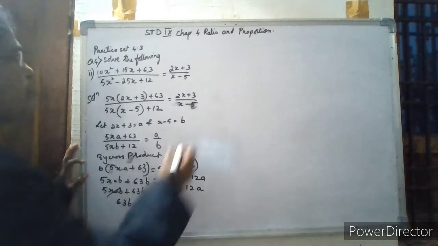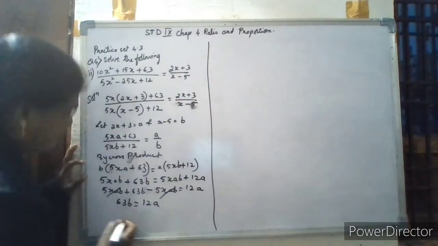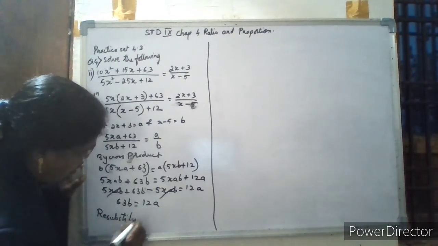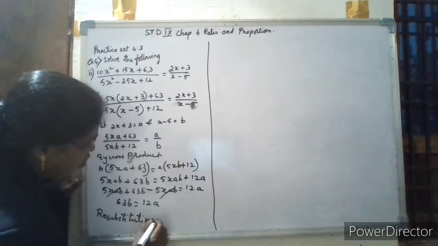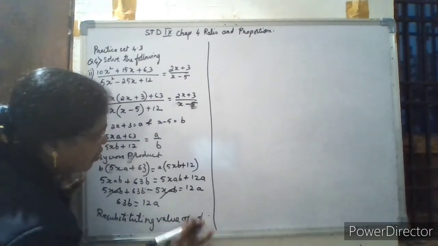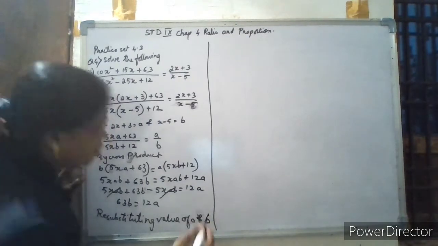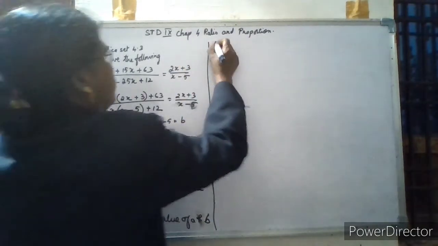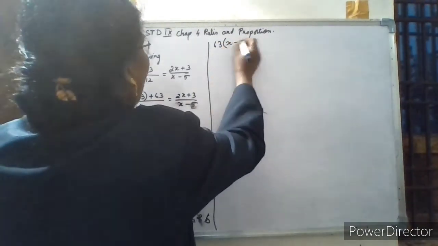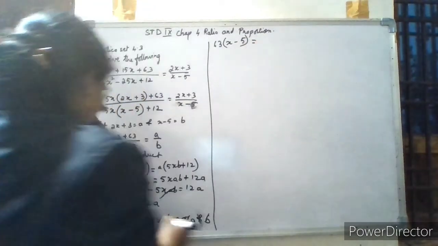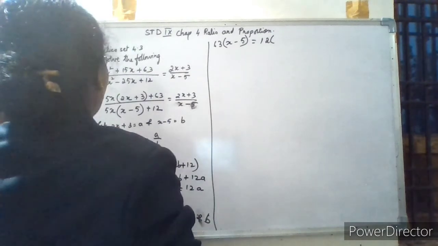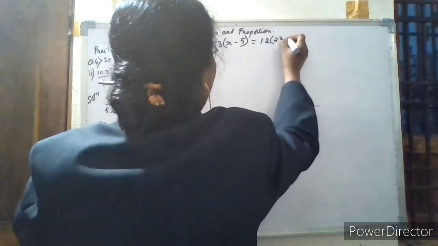Now resubstituting the values of A and B, we get 63 into B, what is B? x minus 5, equal to 12 into A, and A is 2x plus 3.